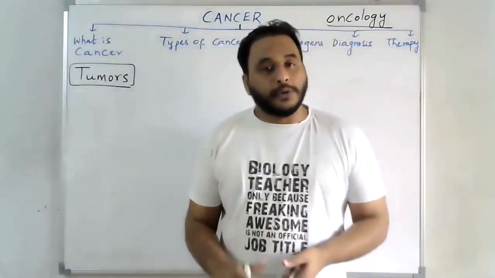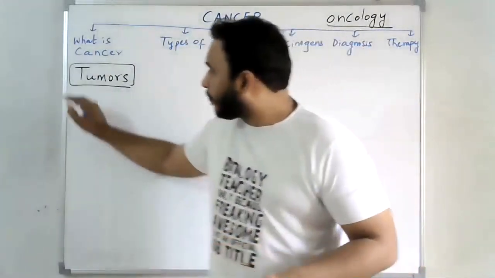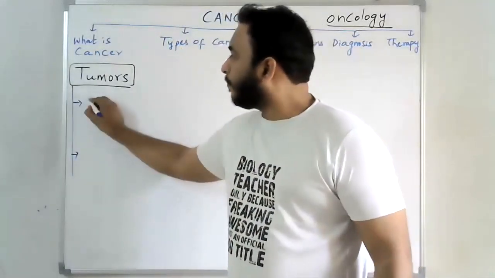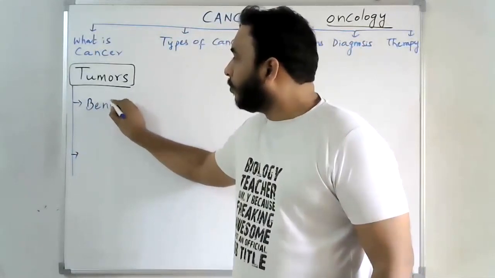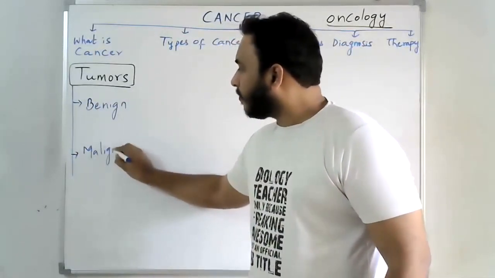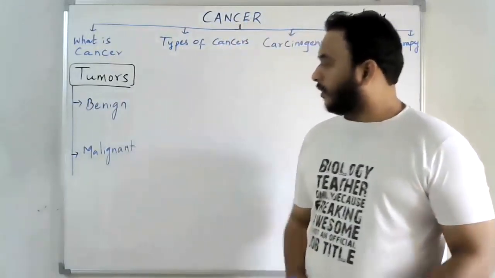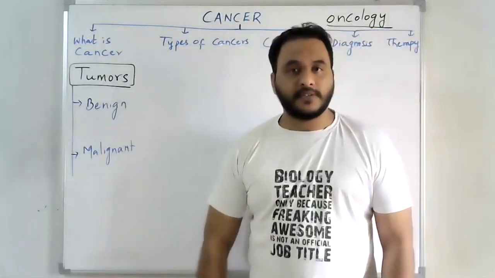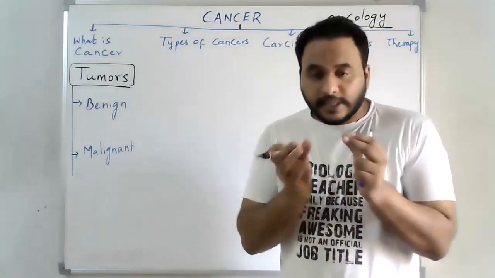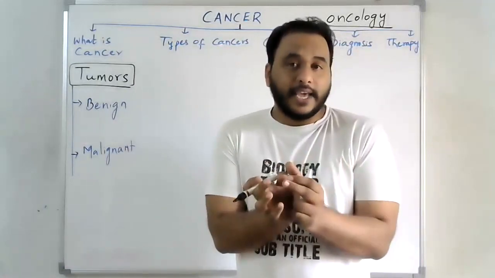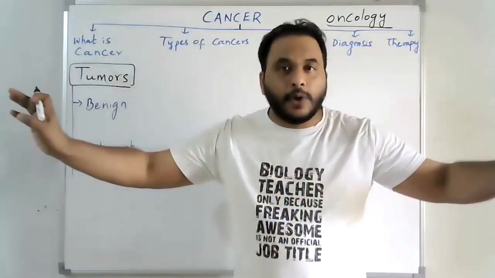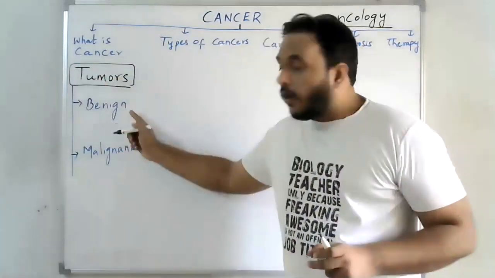There are two types of tumors: number one, benign tumors, and number two, malignant tumors. Benign tumors are the tumors which are confined to their particular regions. Wherever they originated, there only they will be confined, and they do not spread to other parts of the body. They are called benign tumors.